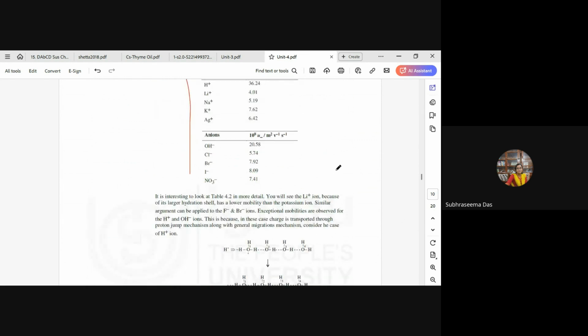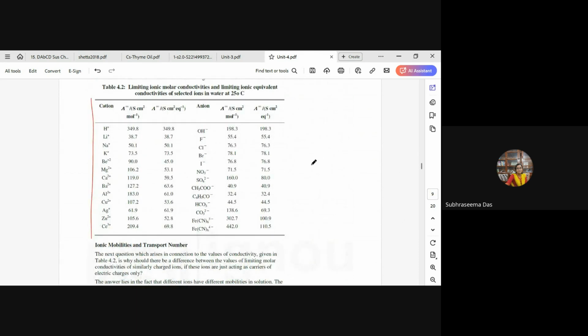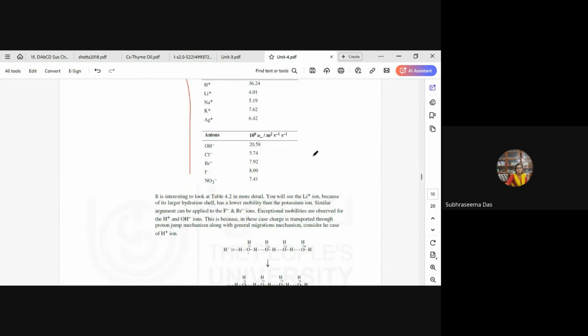Now, when we look at table 4.2, we see that Li plus ion has a larger hydration shell. It has a lower mobility than K plus ion. A similar argument can also be applied for F minus and Br minus ions.